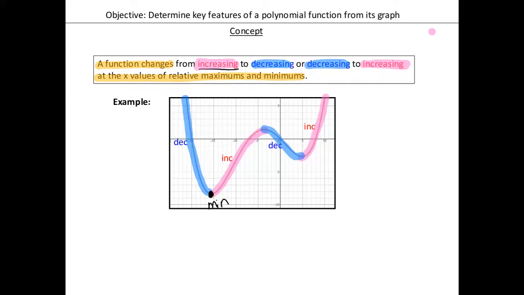It changes again from pink to blue at this point right here, which is a maximum. And then it changes from blue to pink at this coordinate point right here, which is a minimum. Okay, so it changes from min to max to min. That's where it changes direction from increasing to decreasing.